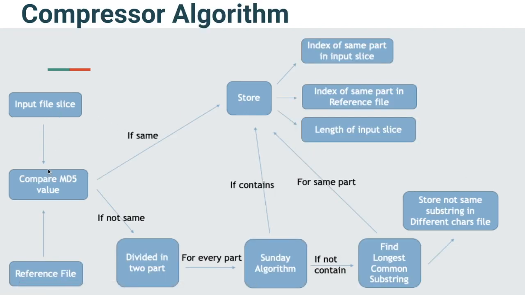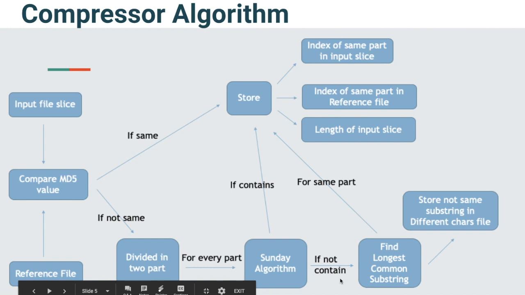For the algorithm part, firstly, we compare the slice of reference and input file using MD5 hash value. If the values are the same, then we go to the store step. If the values are different, then we divide the slice into 2 parts. Each part will be handled by the Sunday algorithm. After that, if the string of input file is contained in the reference file, we go to the store step.